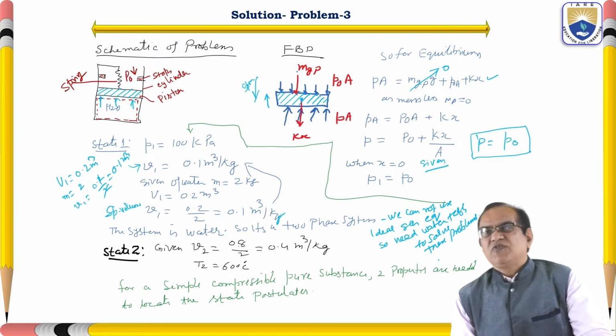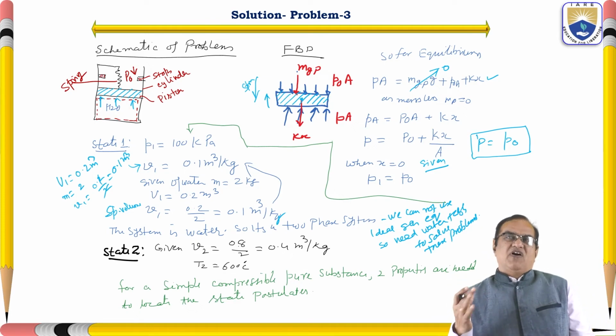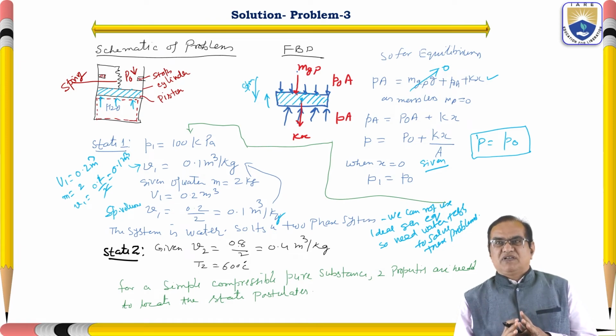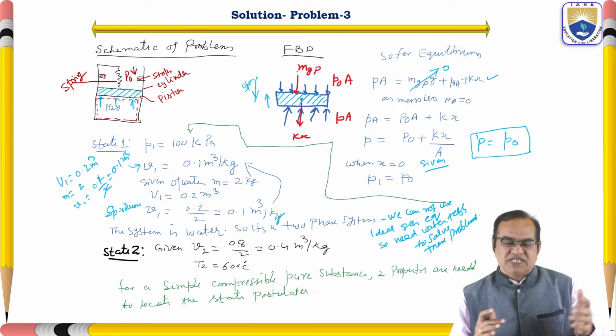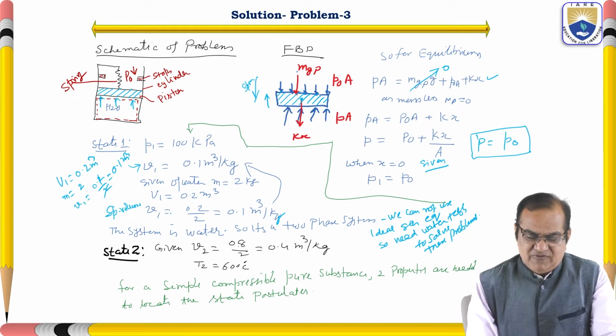Anywhere you find different phases of the material, you should always use the steam table or refrigerant table as and when it is required. So we have got P1 and v1, the one state we have got, state 1.